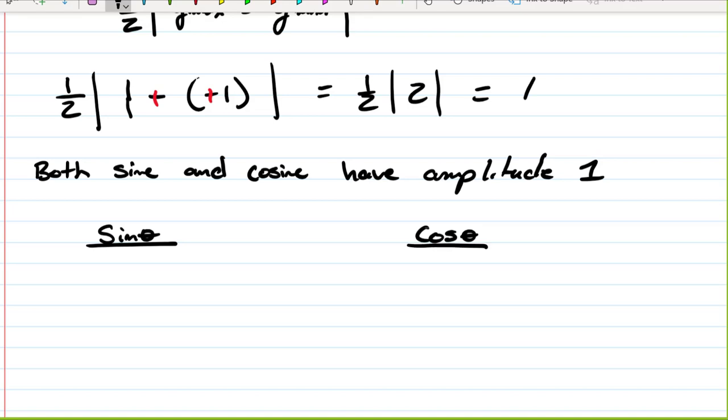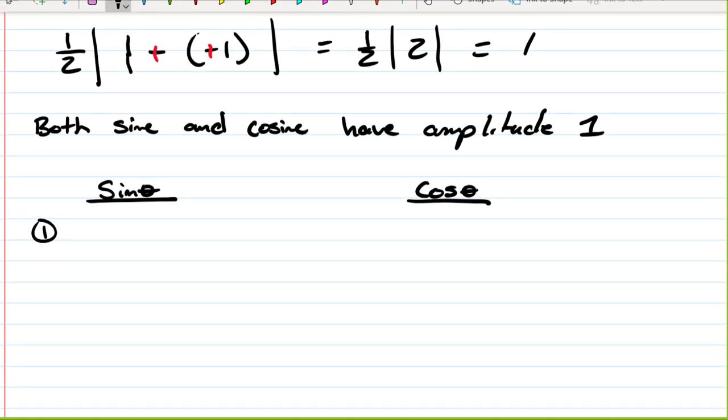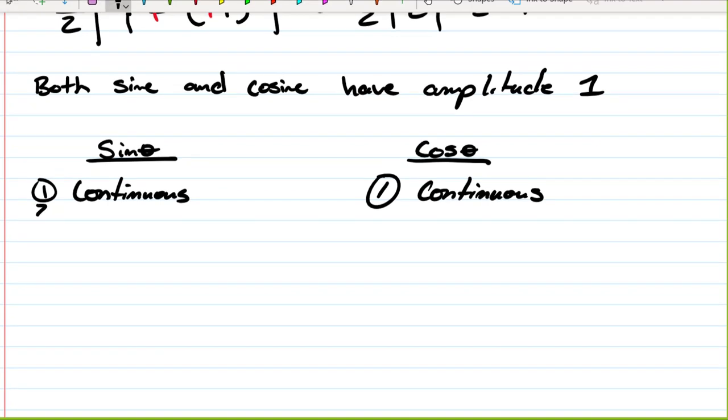Some things we've noted about each of these. The first thing that's worth noting is that they are both continuous. Two, we took note that each of them have period 2 pi.